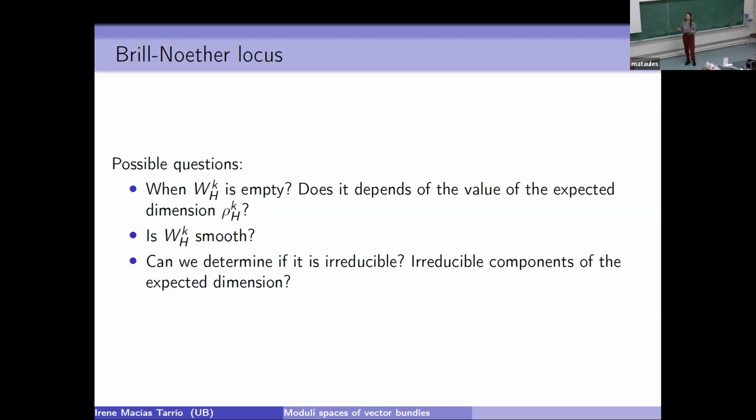Just to say that by now, I have results on whether or not these subvarieties are empty for one kind of surface, the Enriques surface. We also know that this question is not true, because we found some subvariety that has negative expected dimension and was not empty, so it's not true that the sign of the expected dimension determines whether the subvariety is empty or not. And we are also looking at some further results about this.